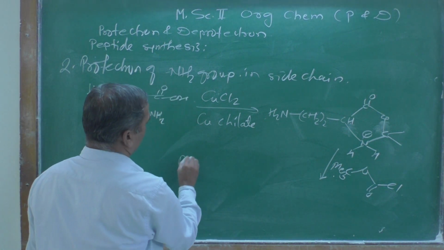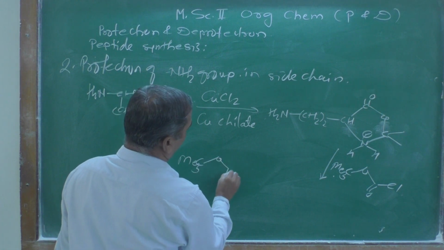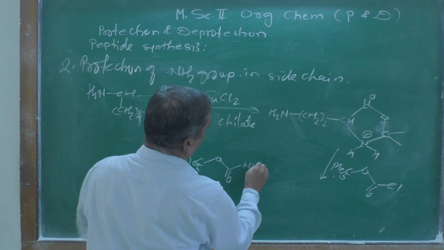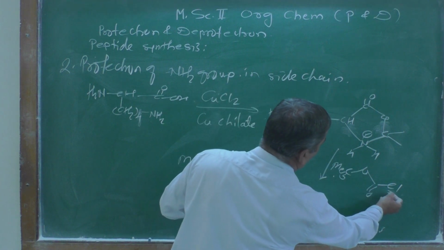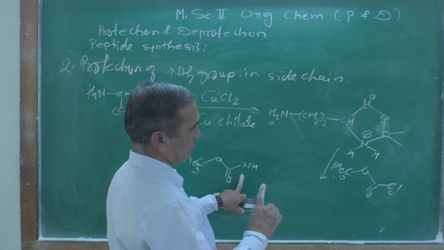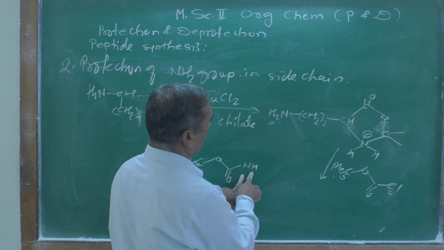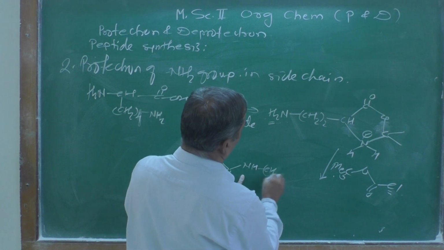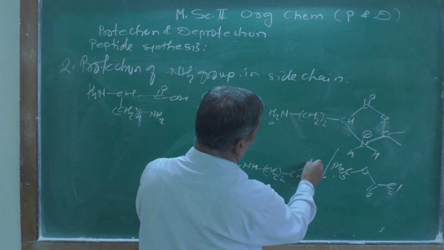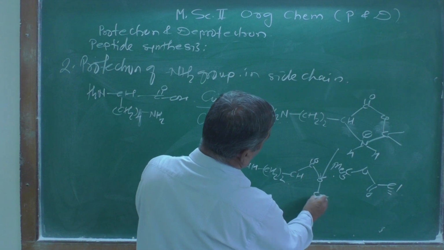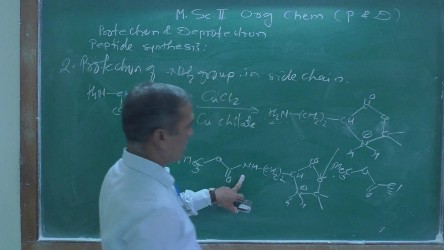This: Me3C, then O, C double bond O, then NH. One of the hydrogen atoms from here and the chlorine from there are eliminated as HCl fumes, and we will get NH, then CH2 four times, the rest of the part remains as it is, C double bond O, then C, then N, H with a positive charge over here.